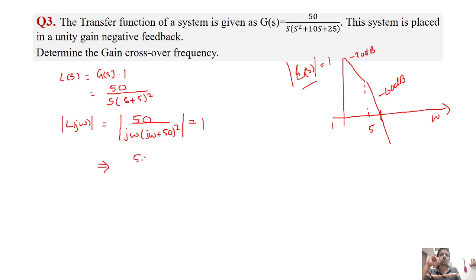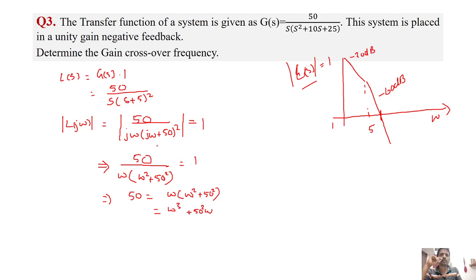So on equating this to 1, the mod value is 50 by omega into root of omega square plus 5 square, whole square, so it will be equal to omega square into omega square plus 5 square, right? So that equal to 1. So 50 equal to, if I multiply this as omega into omega square plus 5 square, just expand, omega cube plus 5 square omega.